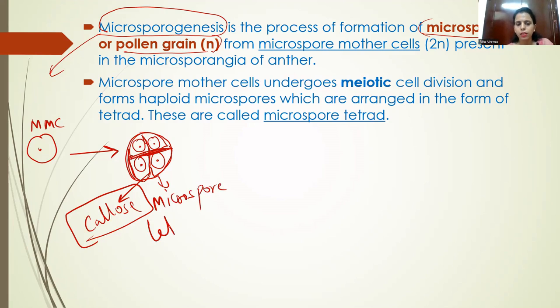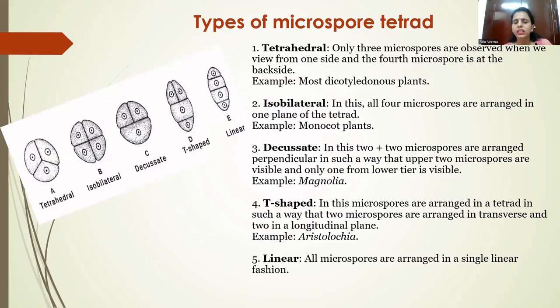They have formed a microspore tetrad. Tetra means 4, so 4 microspores or pollen grains are held together with the help of callose. There are different types of microspore tetrad, and this topic is important for your NEET exams.